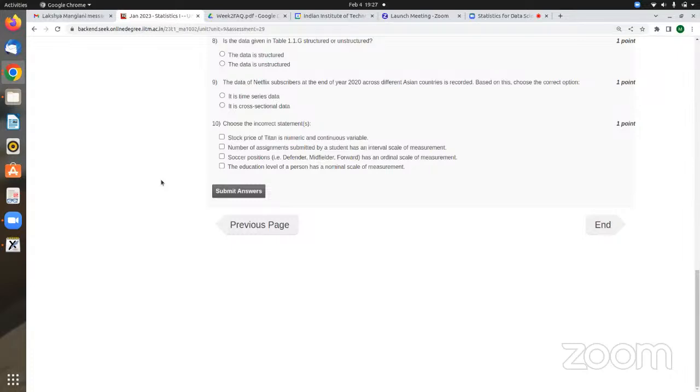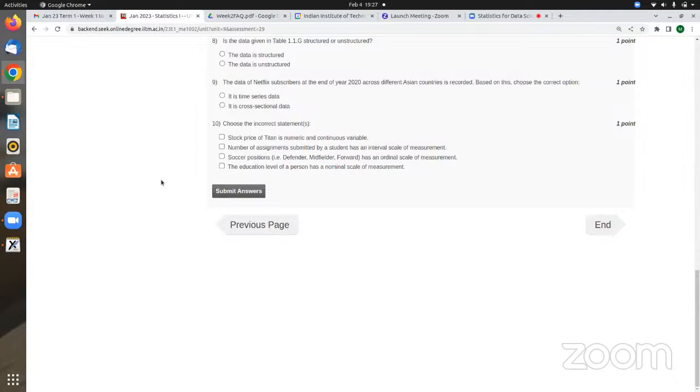The education level of a person has a nominal scale. That is also incorrect. Sir, education level is not in number, no? No, that is correct. Level, okay. 10 standard. So let's say SSC, HSC, BTech, MTech. So we have the order here, right? We cannot arrange them in any arbitrary order.